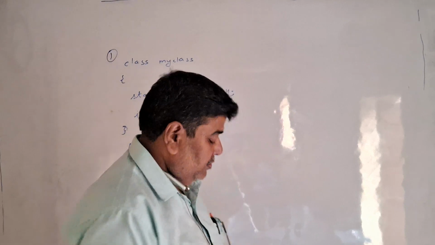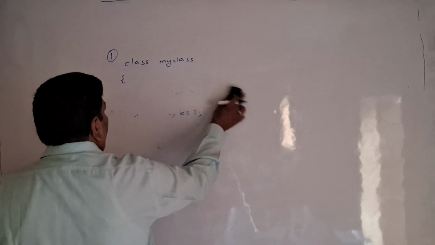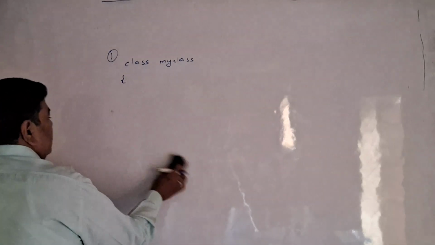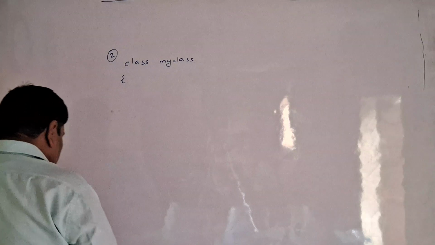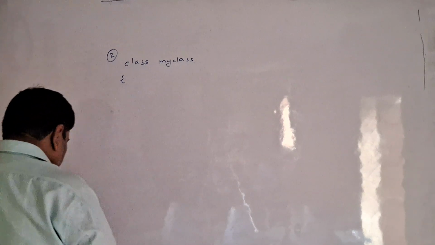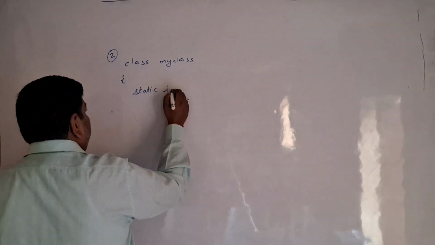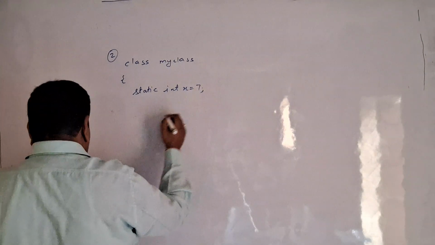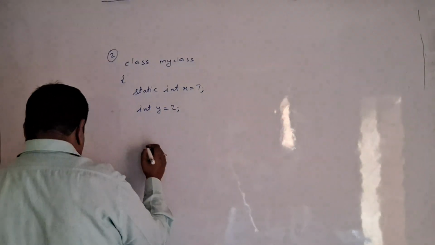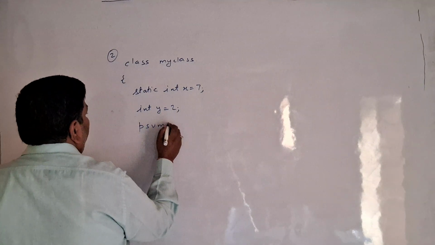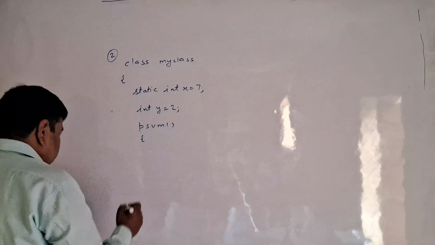After this, one more question. Class my class, static int x equal to 7, int y equal to 2, public static void main. I have written in short, so don't get confused. PSVM I have written.